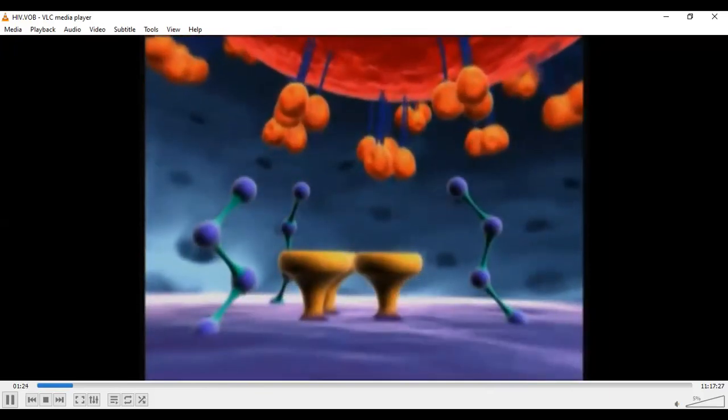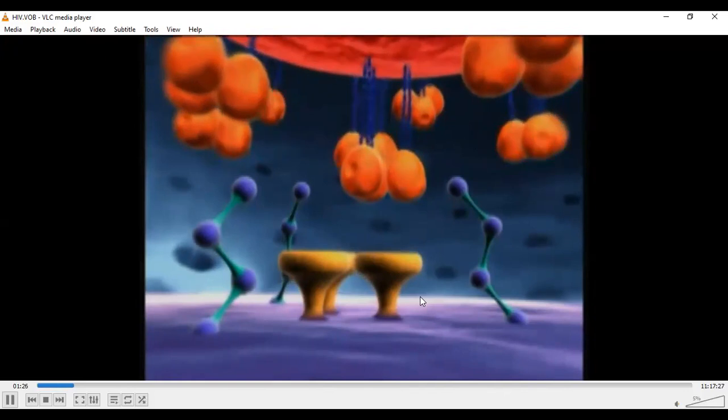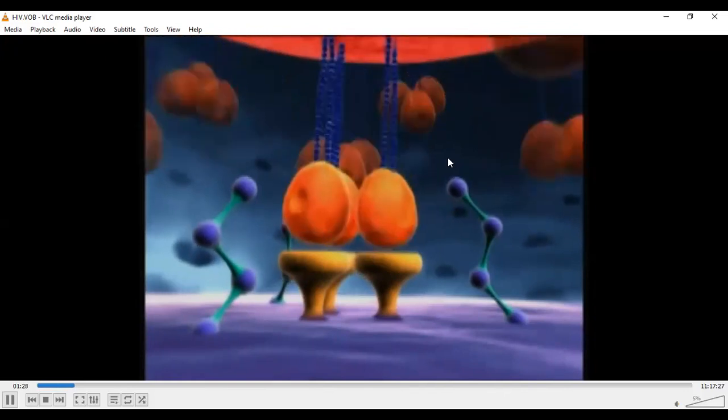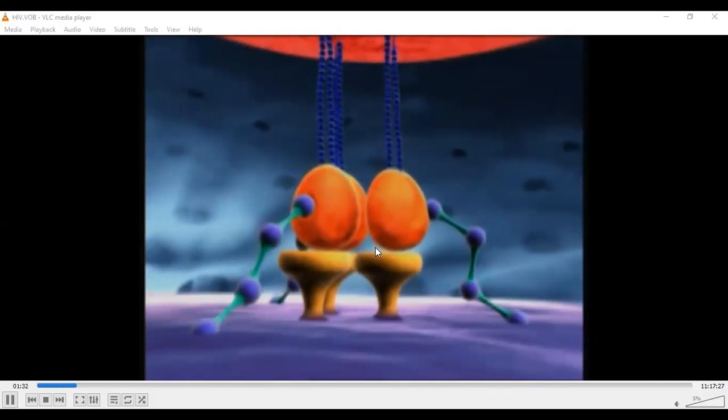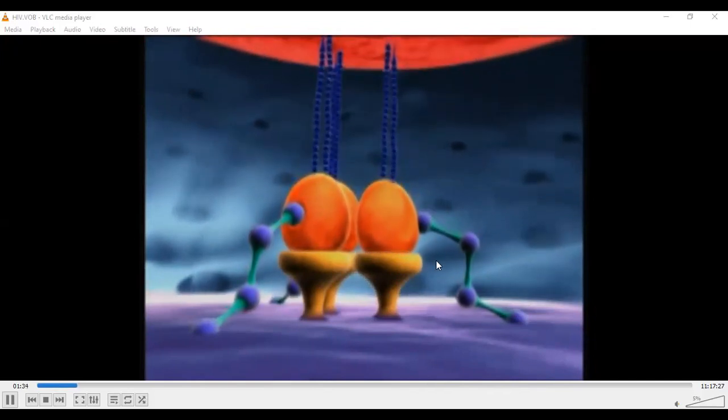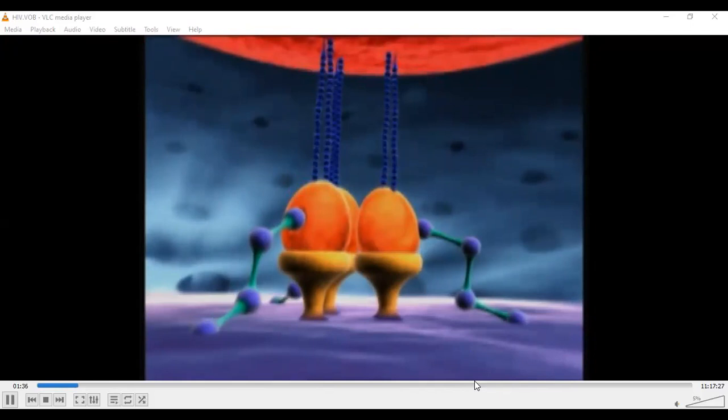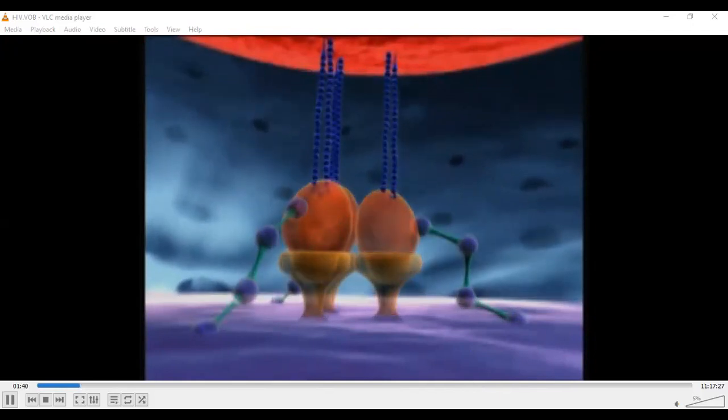You can see the virus gets attached to the receptor. So this is the attachment.